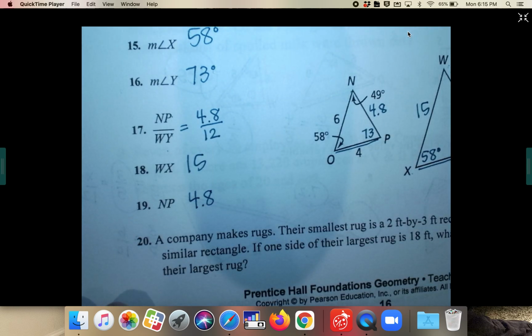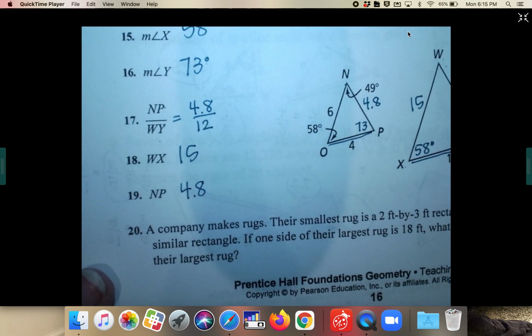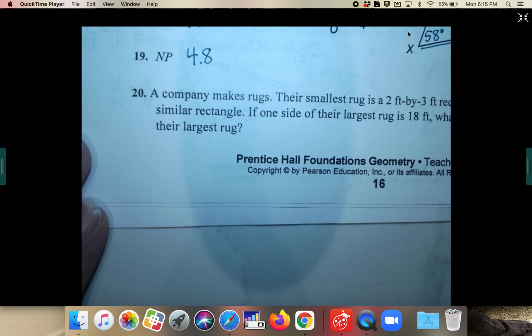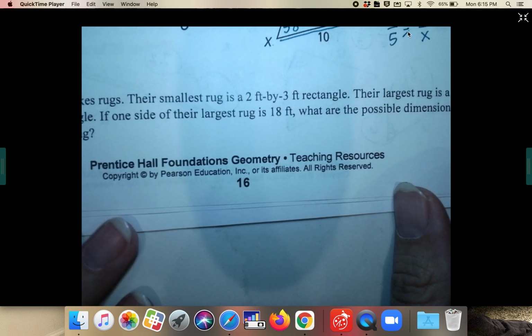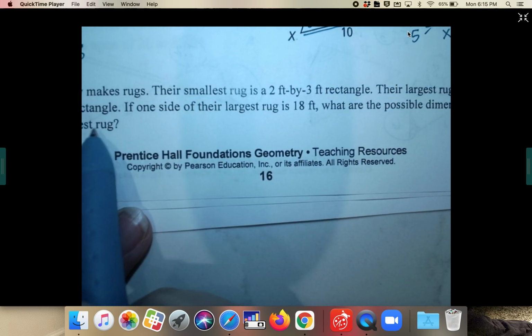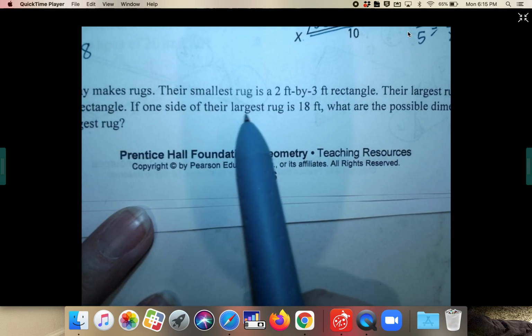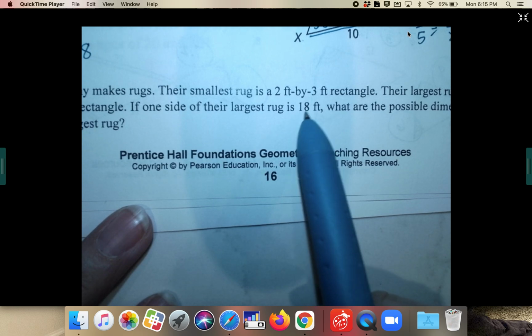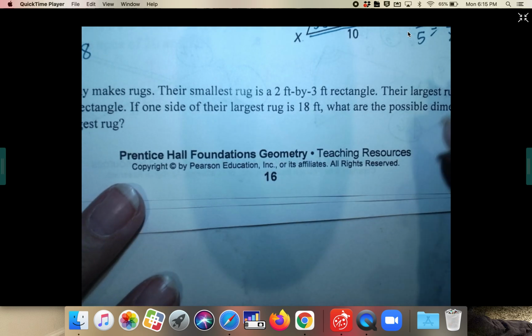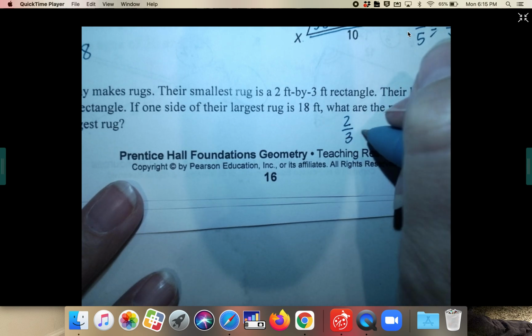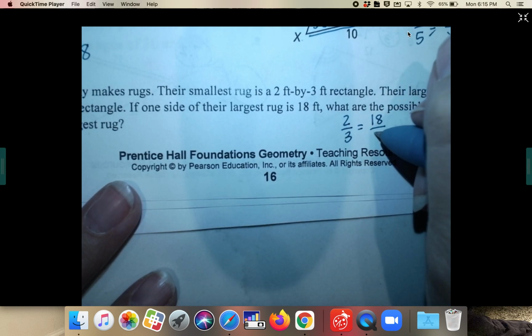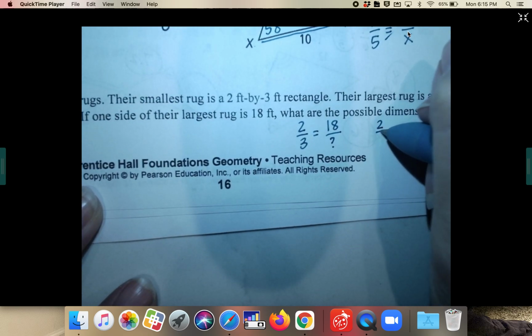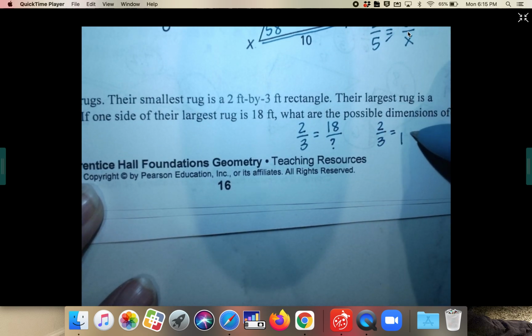All right, and then the last one, let's see. A company makes rugs. Their smallest rug is a 2 feet by 3 feet rectangle. Their largest rug is a similar rectangle. If one of their largest rug sides is 18 feet, what are the possible dimensions? So if you have a 2 by 3, you could either have 18 up here, or you could have a 2 by 3 and you could have 18 down here.